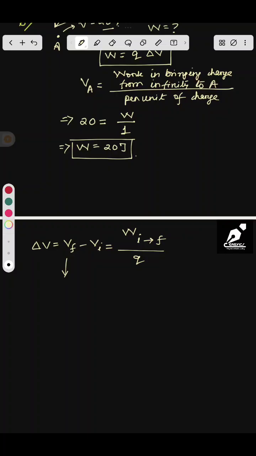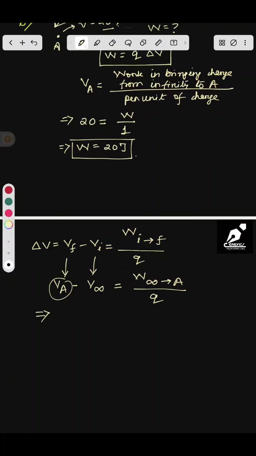So here V final is V at A and V initial is V at infinity, from where we are bringing the charge. Work done in bringing the charge from infinity to A, because infinity is our initial position and A is the final position, divided by the charge.